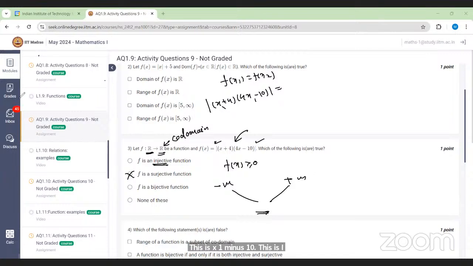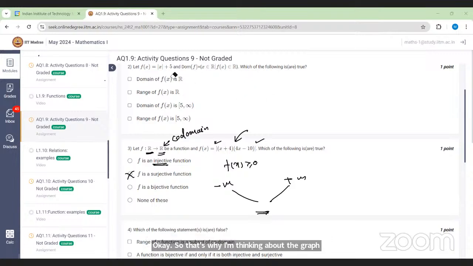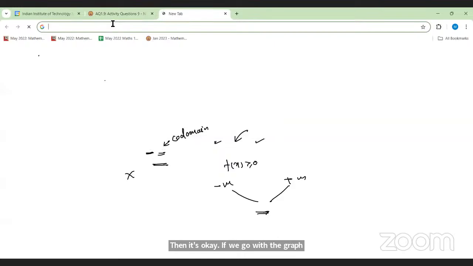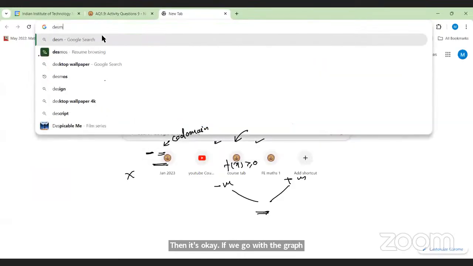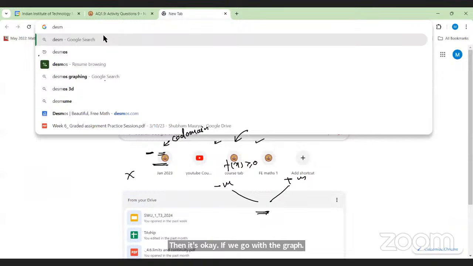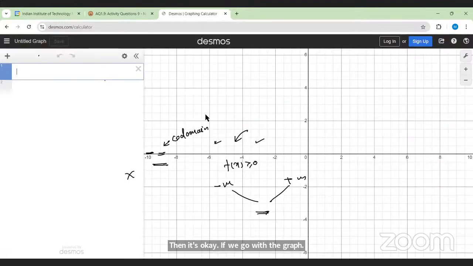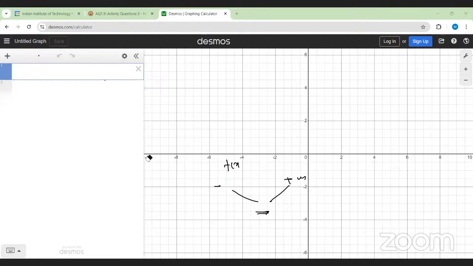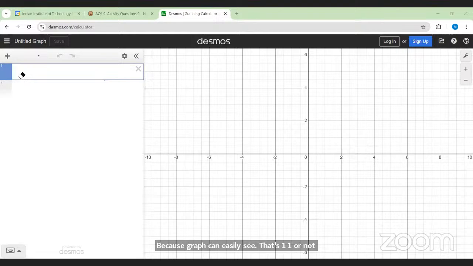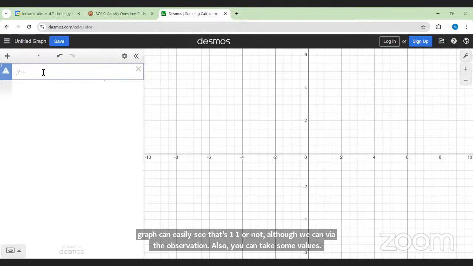The calculation will be very tough, so that's why I'm thinking about the graph. Because with a graph we can easily see whether it's 1-1 or not. Although via observation you can also take some values, but it is time consuming.